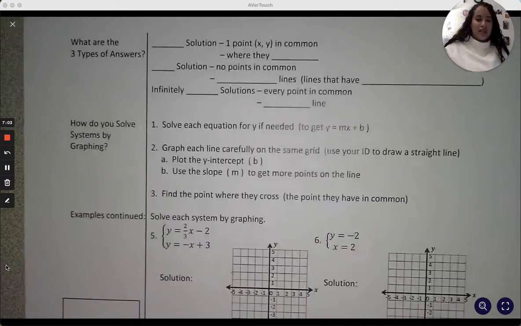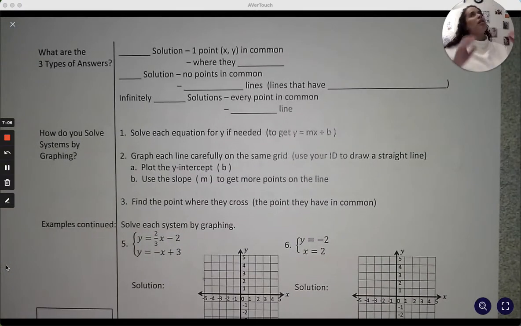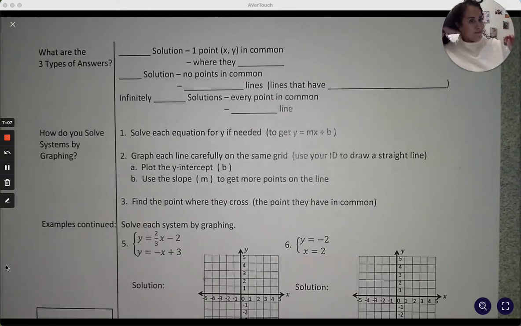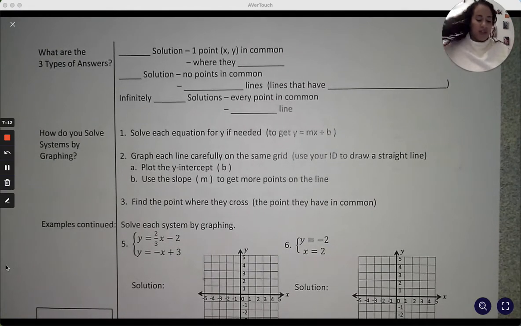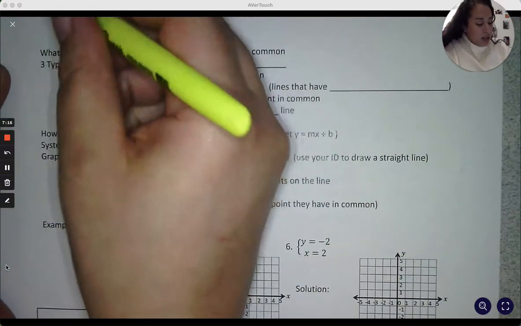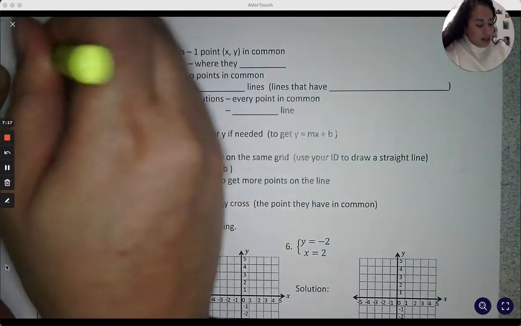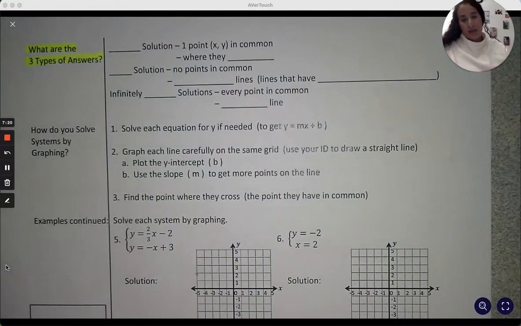All systems have solutions. Okay? Every single type of system has a solution. So when it says what are the 3 types of answers, there are 3 different types of solutions.